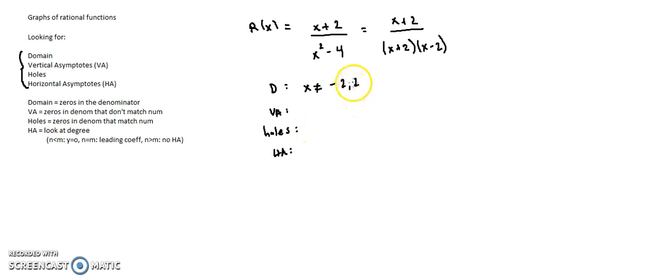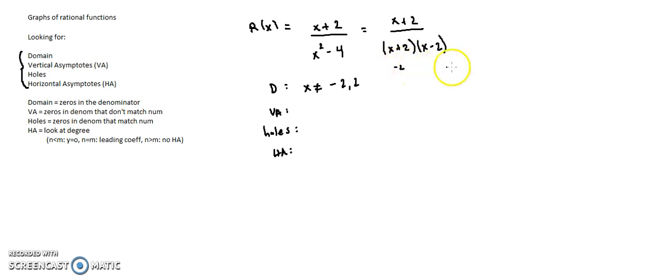Now, remember, everything that is excluded from the domain means the graph does not exist there. You have to decide if it's going to be a vertical asymptote or a hole. So over here's our reminder. Vertical asymptotes are the zeros in the denominator that don't match the numerator, and the holes are the zeros in the denominator that do match the numerator. So let's go back to our zeros in the denominator. x plus 2 gives us the zero, negative 2.